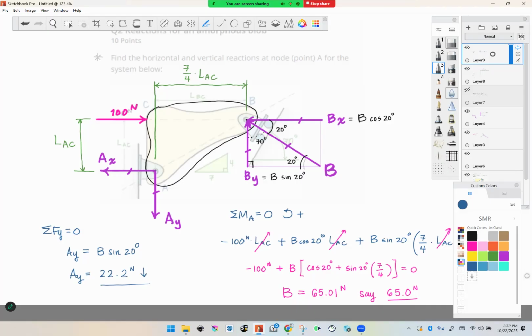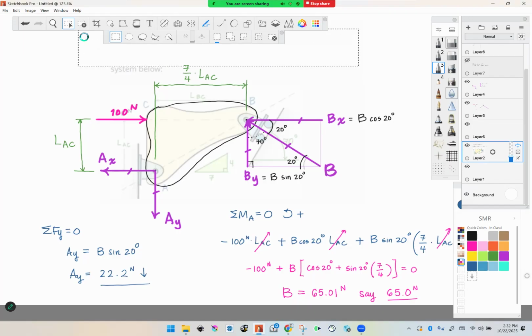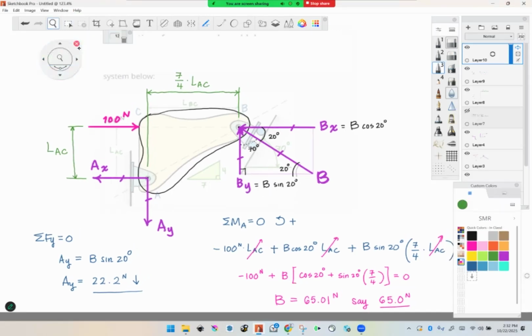So our final equation of equilibrium will be another force summation. Summation of forces in the x direction is equal to 0.